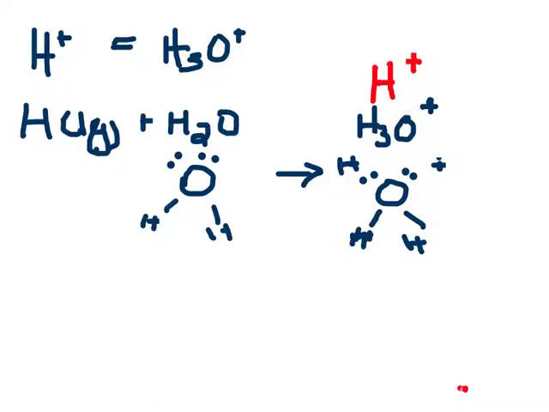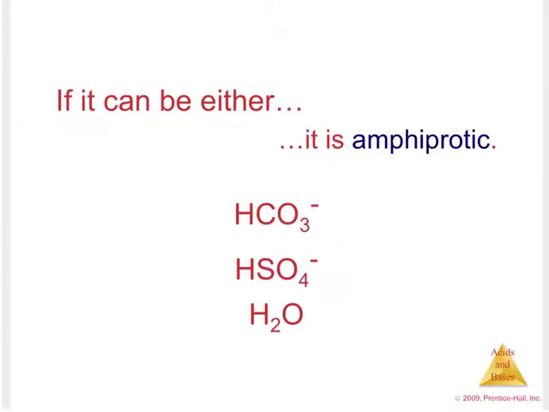And so we have our Bronsted-Lowry acid donating its proton to our Bronsted-Lowry base, our proton acceptor. And by the way, what's left is this chloride ion on the product side.